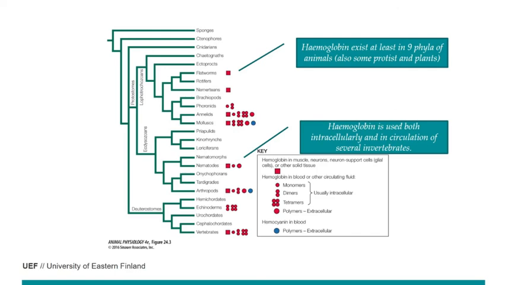Not only in the vertebrates, but in several phyla of animals, and even in some plants, they have found hemoglobin. And it's used in both cases, inside the cell or in the circulation in several invertebrates. And in some cases, the animals are producing the hemoglobin only when there's not so much oxygen available.